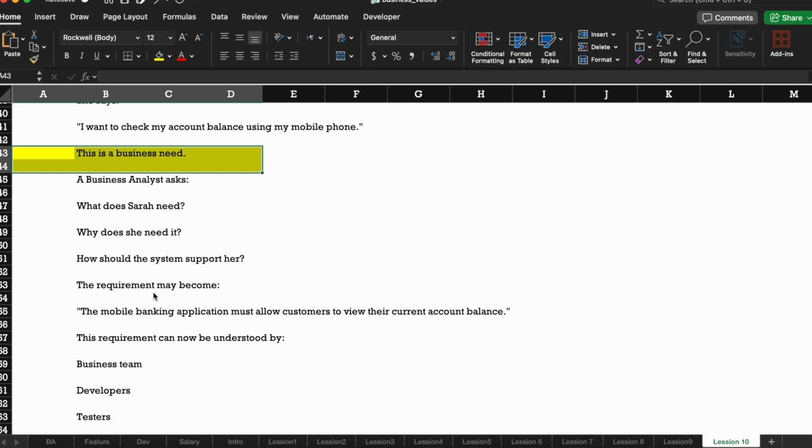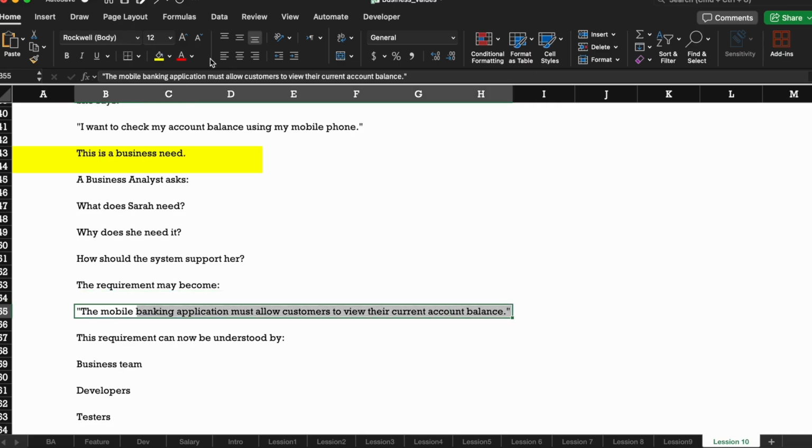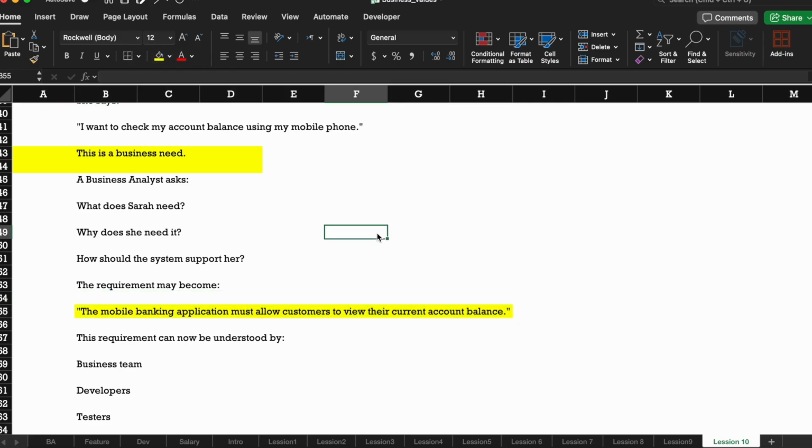The requirement may become: the mobile banking application must allow customers to view their account balance, right? So you see this simple action, you have to properly document it. That's the only thing. It's the same meaning.